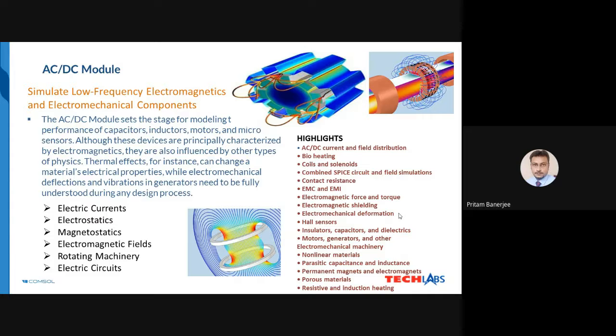It could also calculate magnetostatic designs, computing magnetostatic fields, parasitic inductance, force on a coil, conductor, and magnets. It is available with both the FEM and BEM methods, finite element and boundary element method. Both of them could be incorporated depending on the complexity of the design.